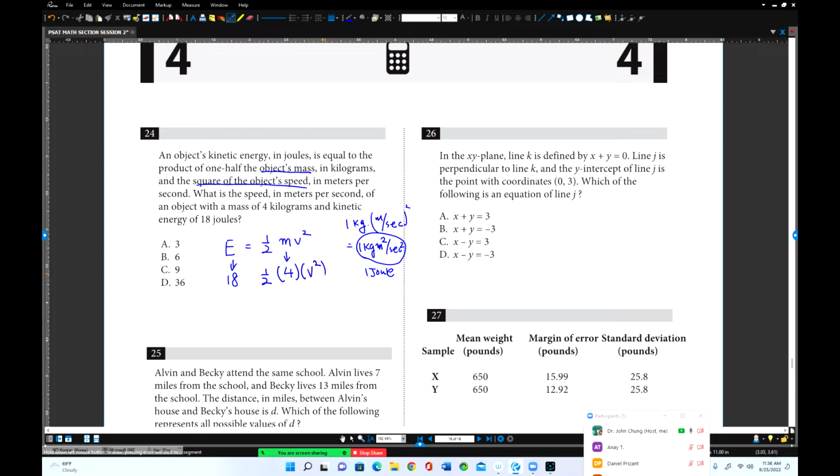We need to find the speed. So 2 v squared equals 18, divide by 2 both sides, v squared equals 9. We got only the square of v, and v equals positive, not negative speed. So 3 is the answer. The unit is 3 meters per second.